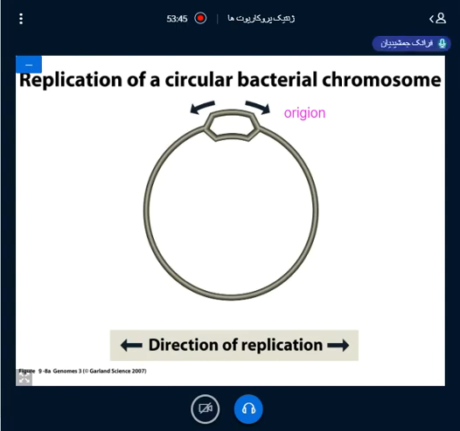Do you know how many origins we have in eukaryotes? In prokaryotes, as I told you, we have one origin, where the replication starts.